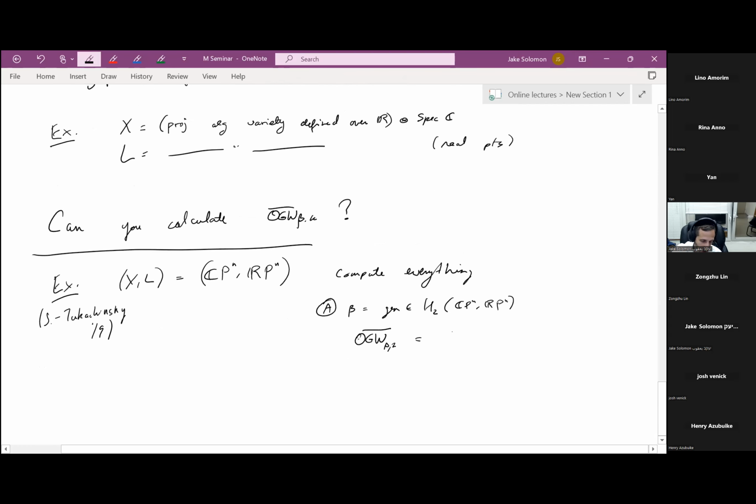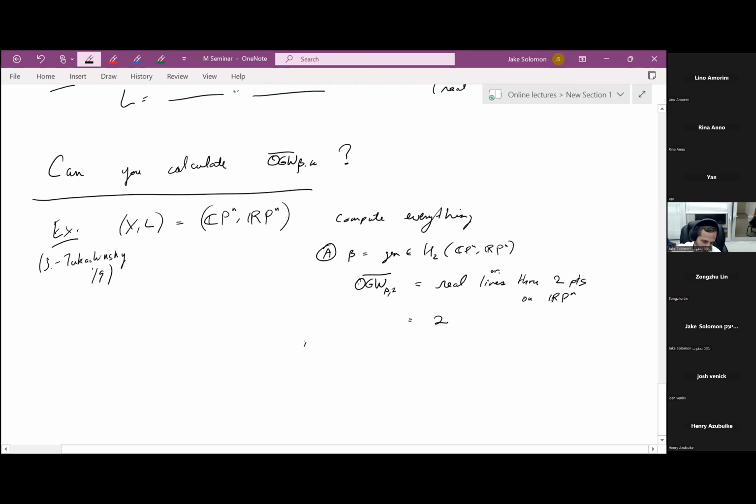Is that the number of real lines through 2 points on RPN? We all know that. Maybe oriented lines because it's a disk, right? So there's 2 of them.